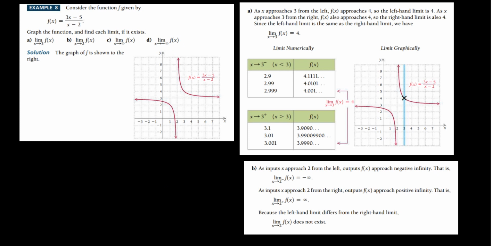Okay, and I guess I didn't need to snip C and D, but it's on the next page. And like I said, these will become PDF files for you to download. But the limit of f of x as x approaches infinity. As we approach infinity, it appears that we're getting closer and closer to the number 3. Just take my word for it.